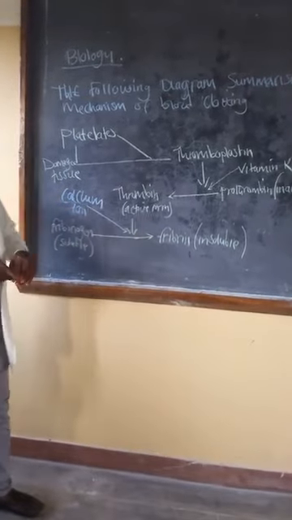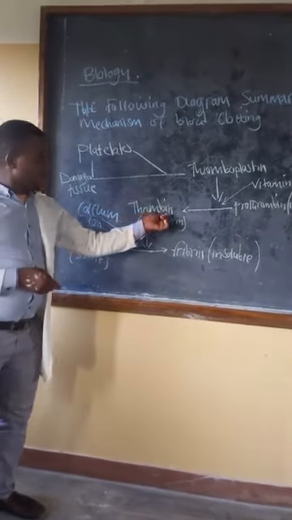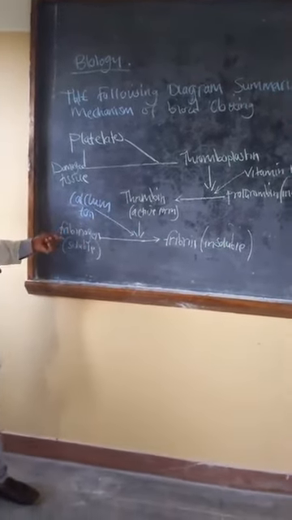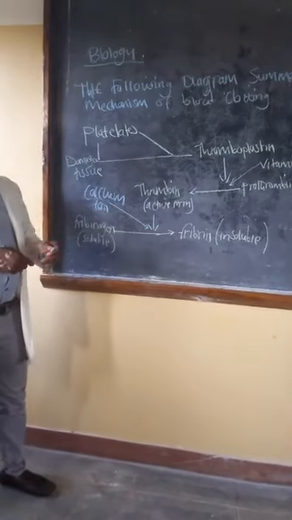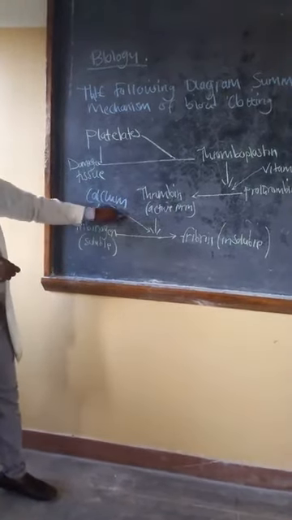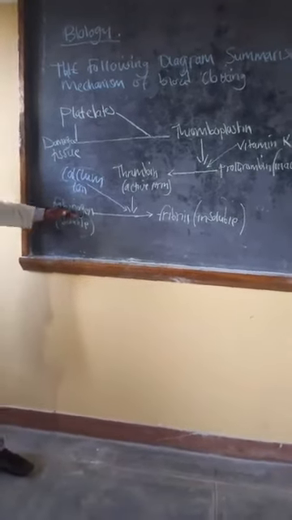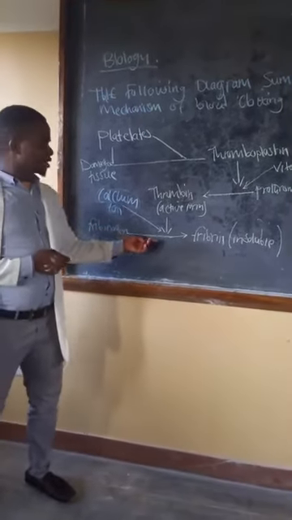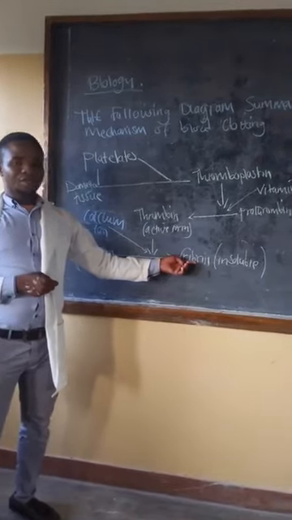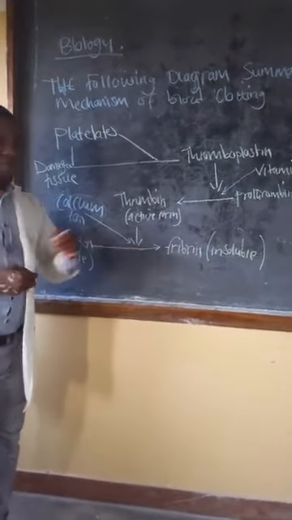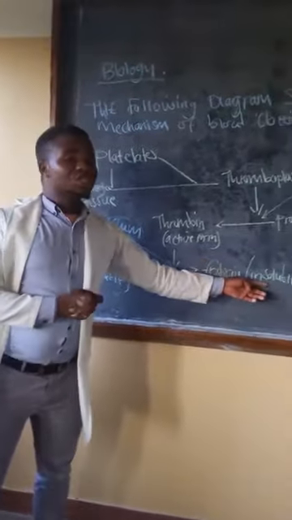Fibrin. So this thrombin acts on fibrinogen, and that works with the presence of calcium ion. So this fibrinogen will be changed into fibrin.